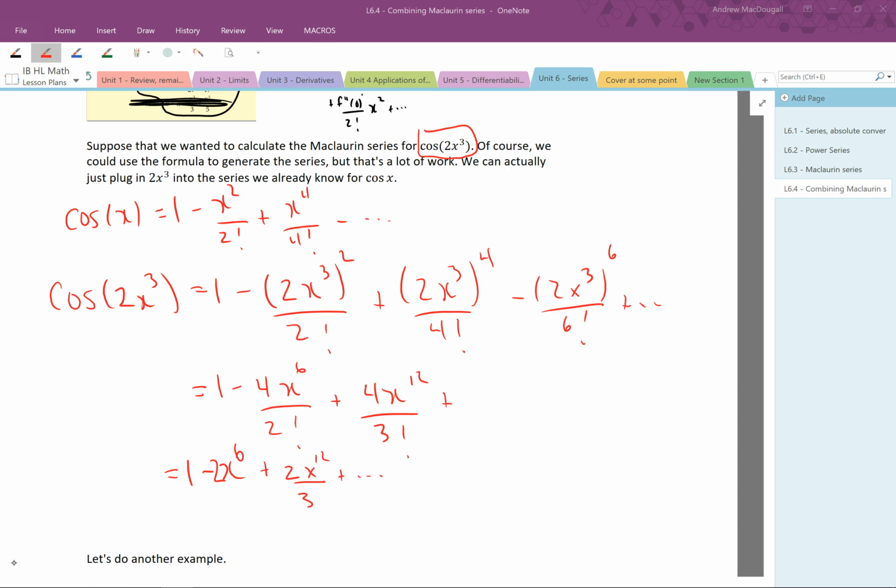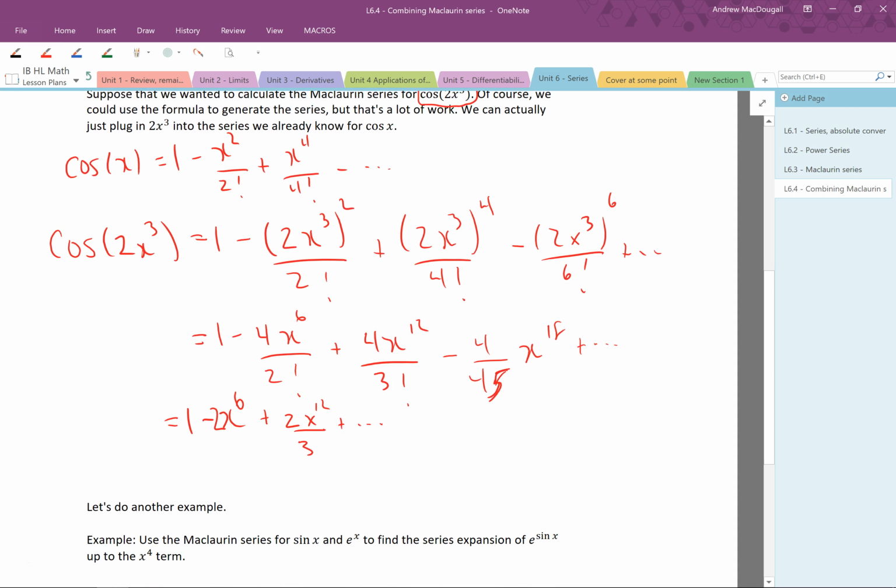Simplify it, I think you get minus 4 over 45 x to the 18. So this would be our infinite series for cosine of 2x cubed.